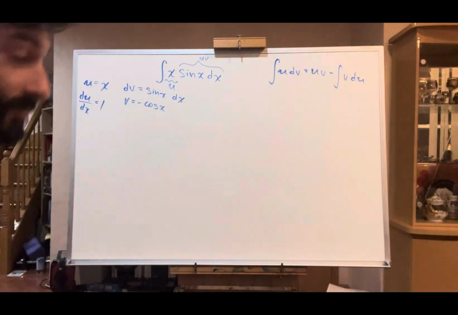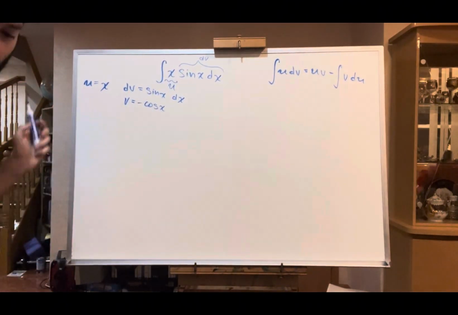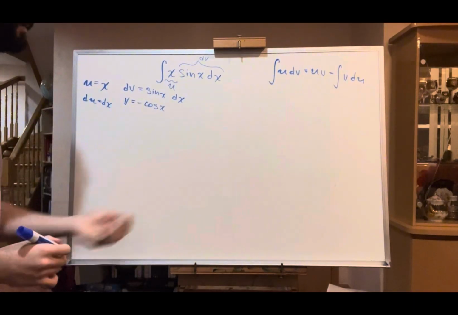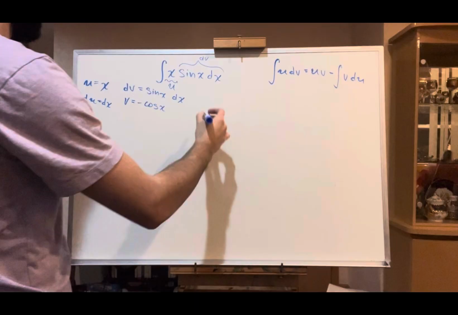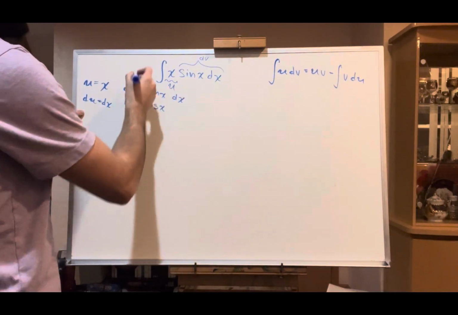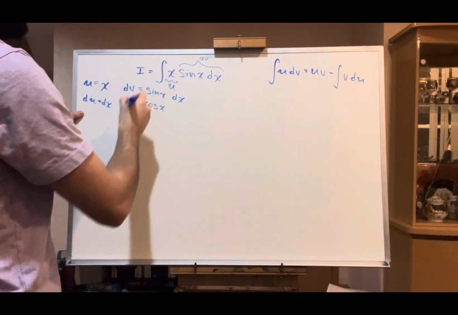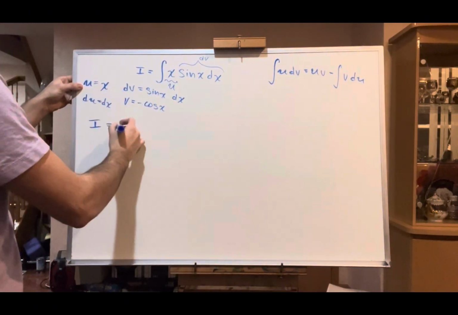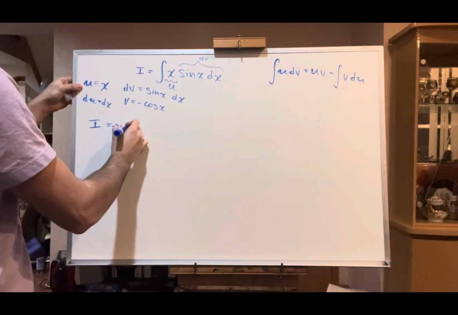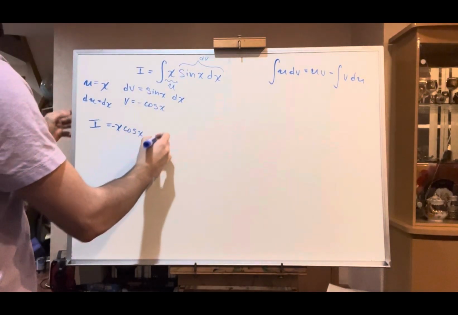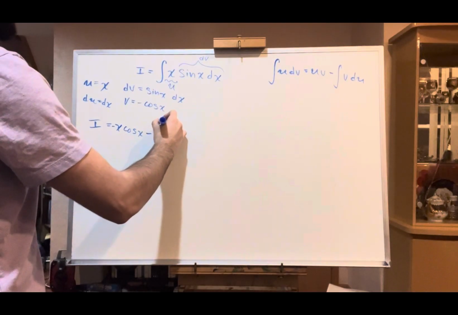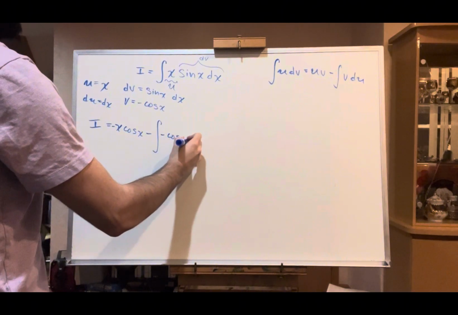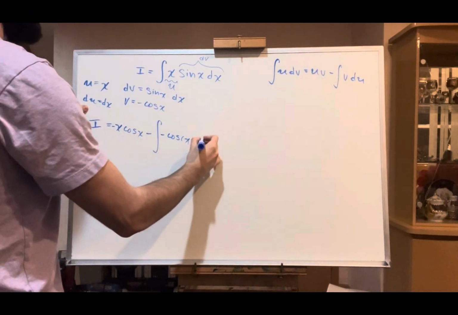So du equals dx, right? And now we could go ahead and set up the formula, is that this integral that we're calling I is equal to u times v, so negative x cosine x, minus the integral of v, which is negative cosine of x, dx.